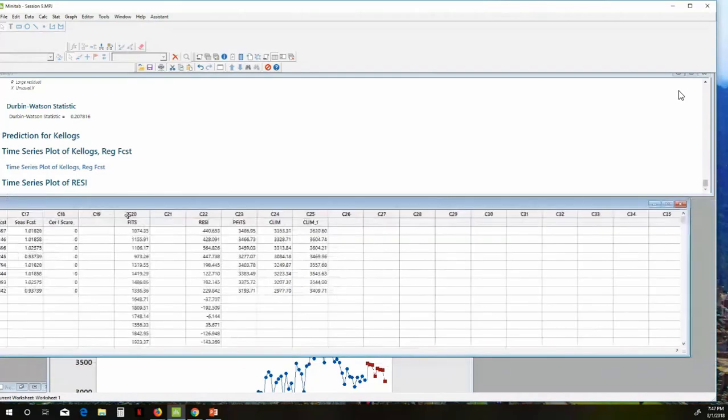You see the fits and residuals? What I want to do is open a column up beside each one of them. I'm going to call this one the squared fits. We're going to amplify the fits by squaring them, as we're amplifying the variation. And I'm going to do the same thing, squared residuals, SQ resids.